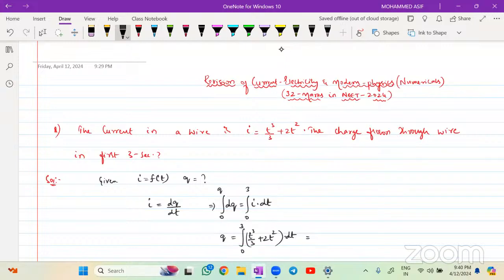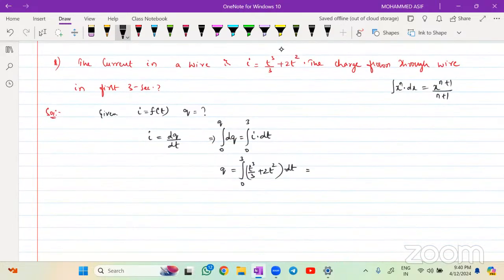I hope we can do this integration. The formula is: integral of x to the power n into dx equals x to the power n plus 1 divided by n plus 1. This is the formula we'll be using. So if I integrate this further, I'll write this as the integral of t cubed divided by 3 into dt, limit 0 to 3, plus the integral of 2t squared into dt, limit 0 to 3.